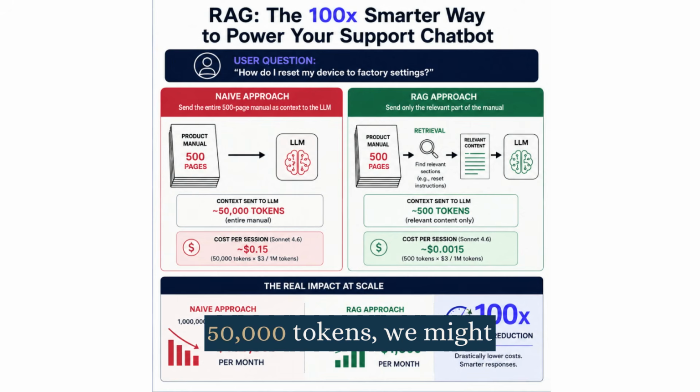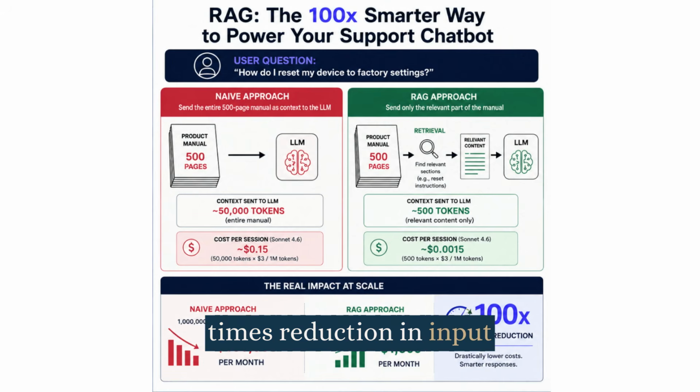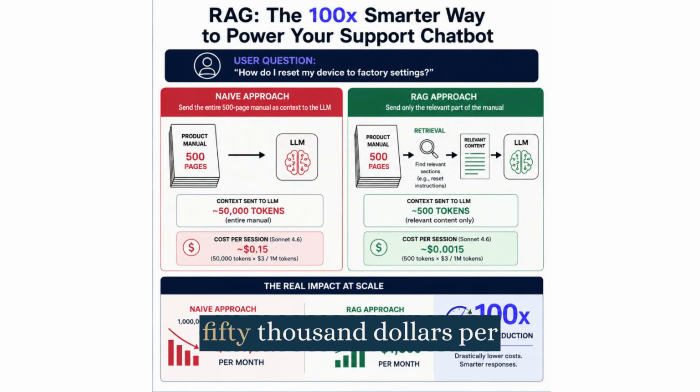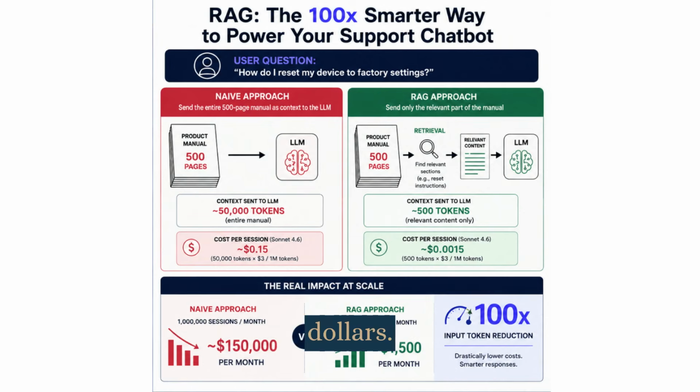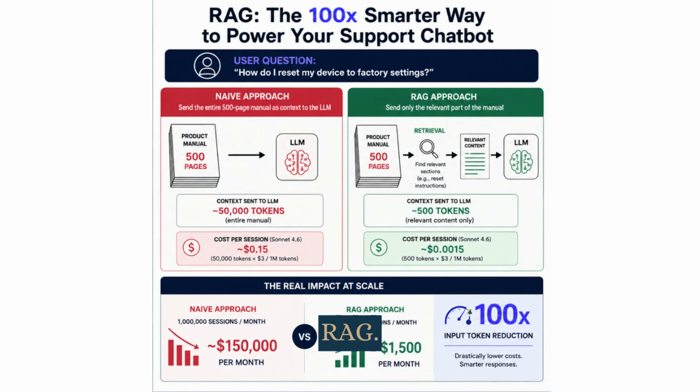So instead of sending 50,000 tokens, we might send only 500. That's a 100 times reduction in input tokens. And instead of spending about $150,000 per month, the cost drops to roughly $1,500. Smaller prompts, lower costs, faster responses, and often better accuracy. That's the power of RAG.